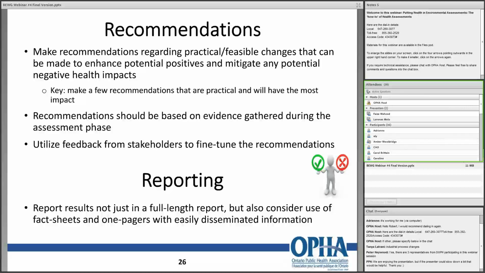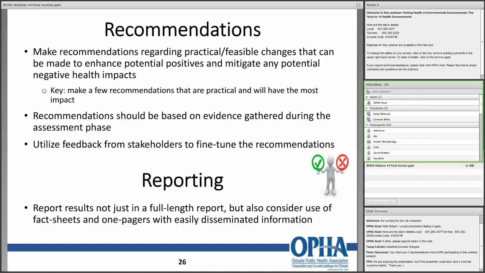So again, the recommendations should be based on evidence gathered during the assessment phase, and getting feedback from stakeholders is really important at this stage, because we want to make sure that the recommendations arise from the findings of the assessment, and are not recommendations that are made just because it seems like the right thing to say or the right thing to do.